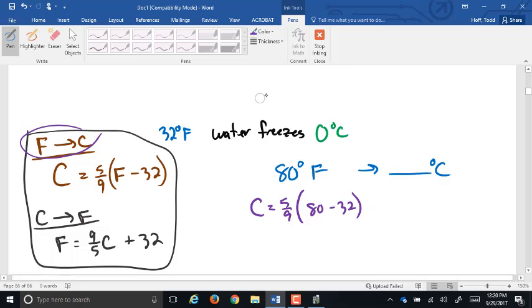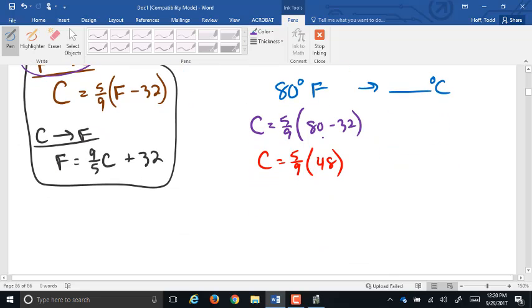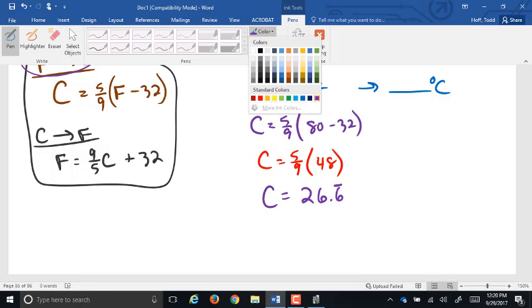What do we do first? 80 minus 32, which is 48. And then 5/9 times 48. 240 divided by 9 is what? What's that? 26.6 repeating. 26 and 2/3, 26.67, wherever you want to round it off at.